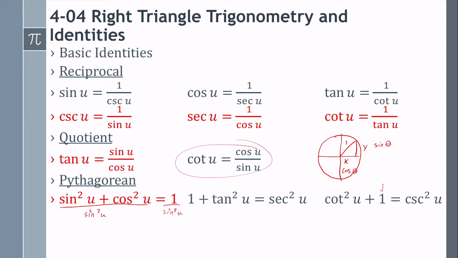So that's your 1, the cotangent, and then we have 1 over sine. 1 over sine is cosecant. And that's how the third one shows up. To get the middle Pythagorean identity, just divide the red one on both sides by cosine squared. And just as a note, sine squared u is the same as sine of u squared.